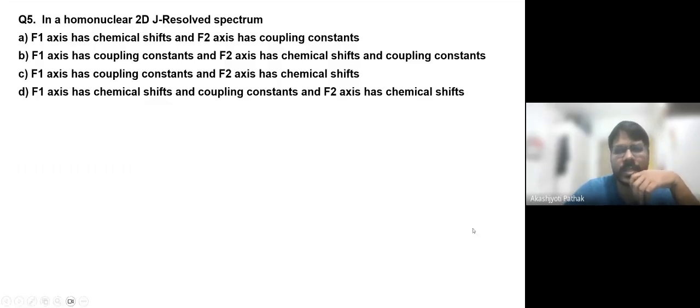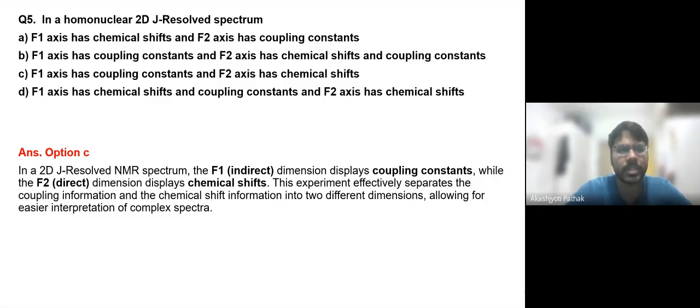And option D is F1 axis has chemical shift and coupling constants. What will be the answer? So the answer is option C.